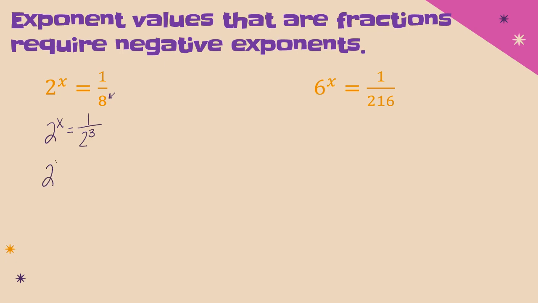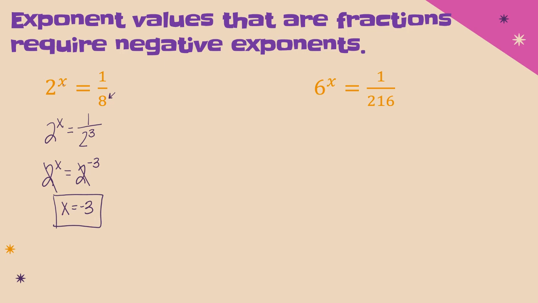So instead of 1 over 2 to the third, we're going to make this 2 to the negative third. Remember we talked about a negative exponent putting something in the denominator? I can reverse that, take it out of the denominator by making the exponent negative. Now I can cancel my bases, and I know that x is equal to negative 3.